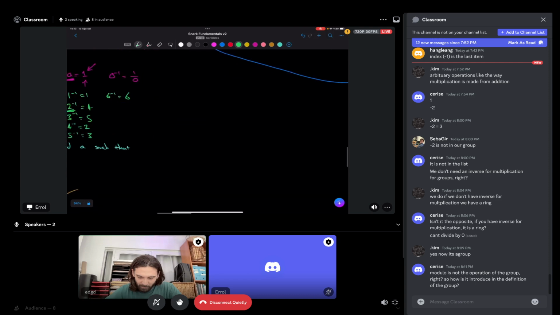The mod 5 set 0, 1, 2, 3, 4 is basically saying we take this set and have 5 equal 0. That's how we know that addition and multiplication will always give us something back that's inside that set, because we have this simple way to work with it. It helps us define our binary operation a little bit as well, by telling us what we'll get back out.